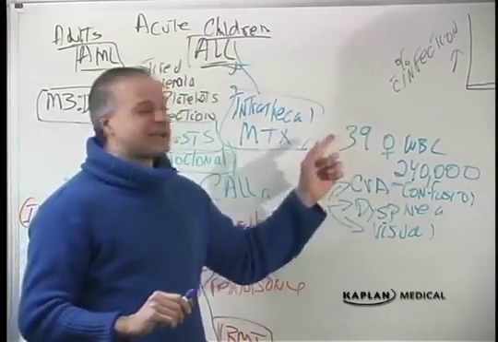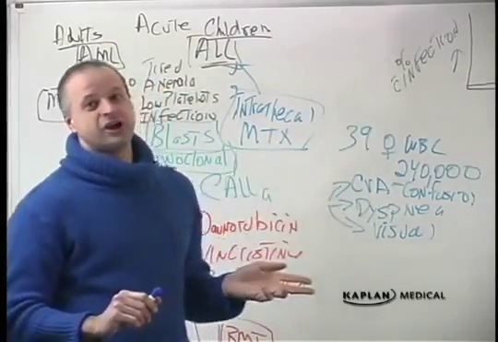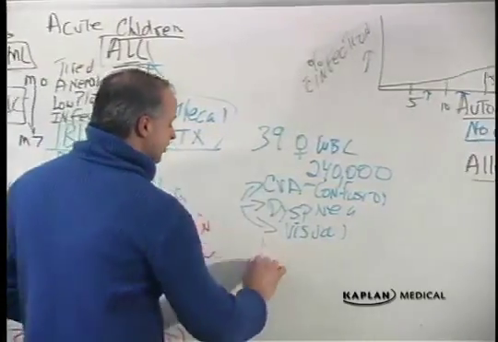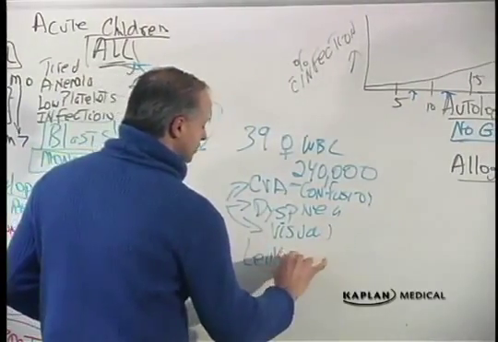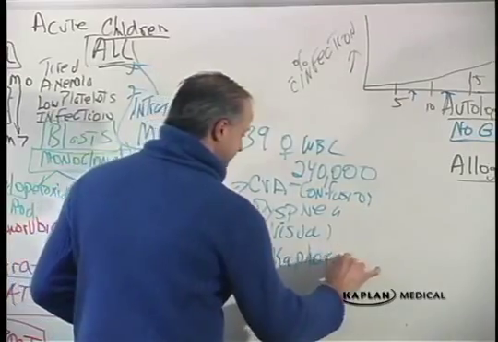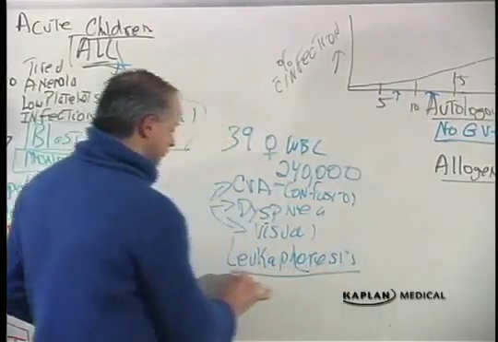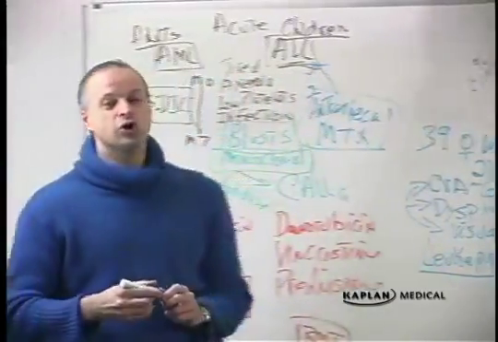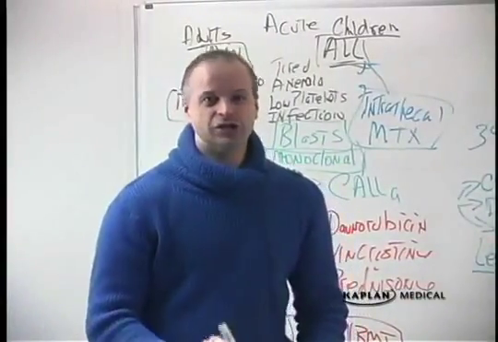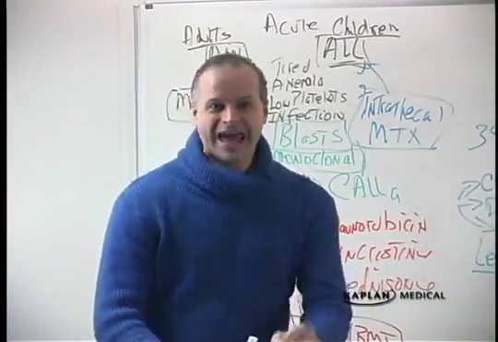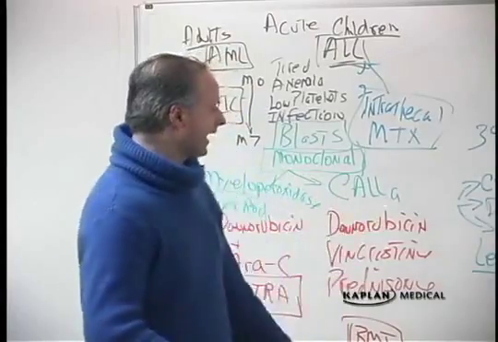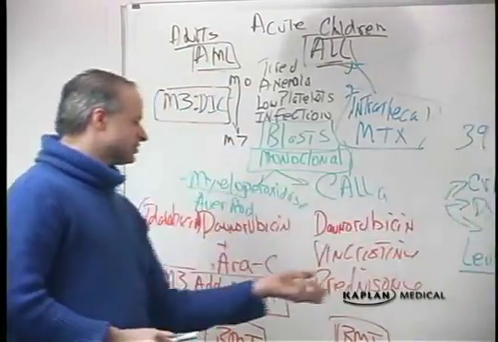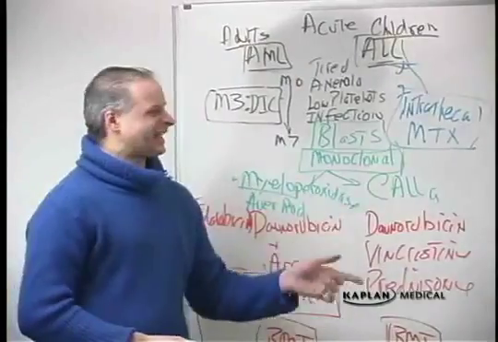What is the therapy? Hydration, I know. And the therapy is leukapheresis. Leukapheresis means that we're going to use a centrifuge to pull those blood cells out of the body the fastest possible way. Clear those things up before they kill you.